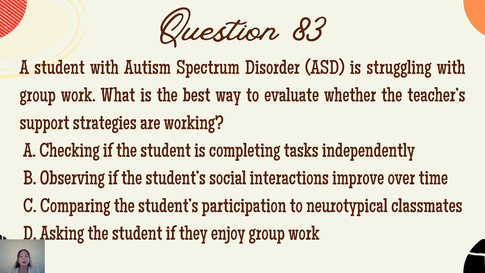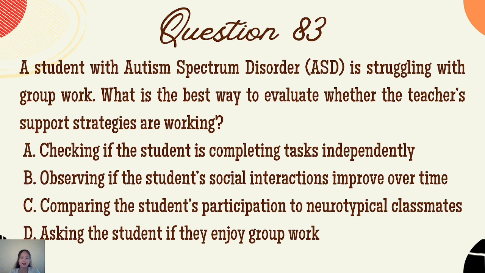Why? ASD often affects social skills. An increase in positive interactions is a sign that support strategies are working. For example, if the student starts initiating conversation or participating more in group tasks, the support is effective. Option A is wrong because, with independent tasks, social interaction is key, not just independence.